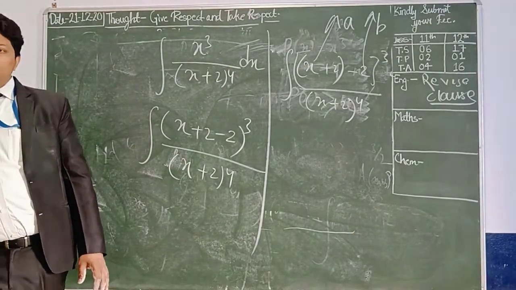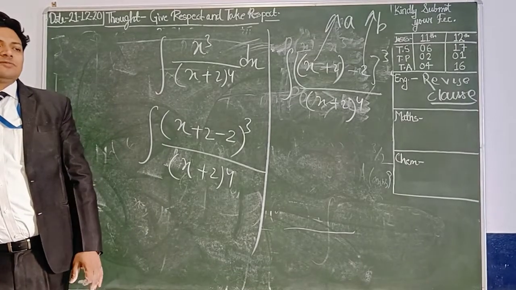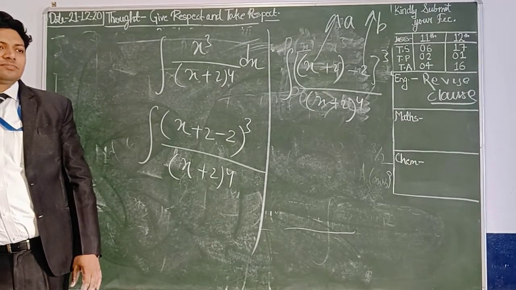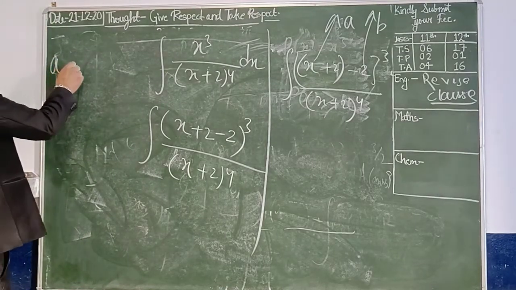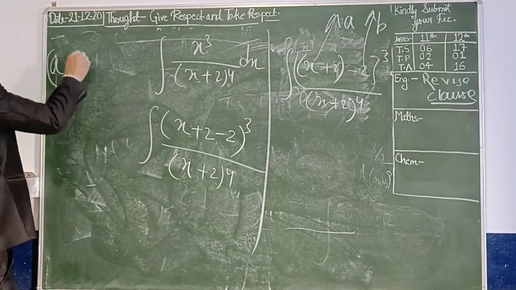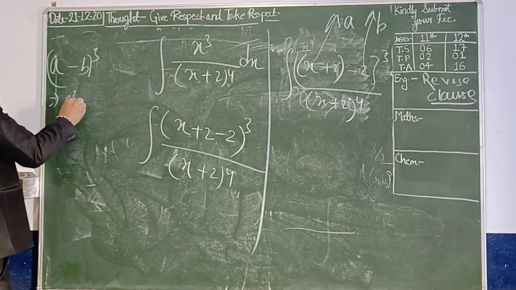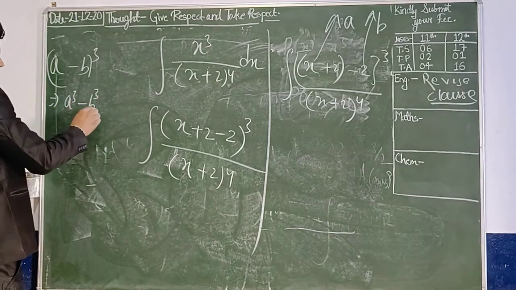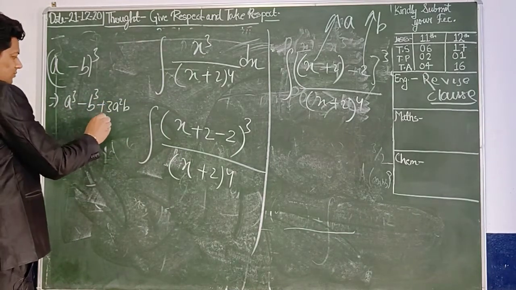What is the formula? A cube plus b cube plus 3a square plus 3ab square, right? Tell me the a minus b whole cube formula. A cube minus b cube plus 3a square minus 3ab square.